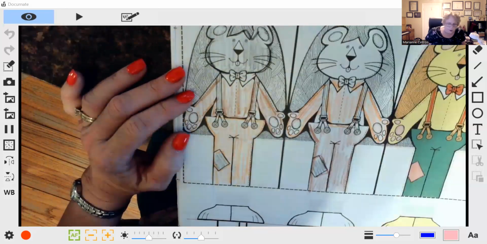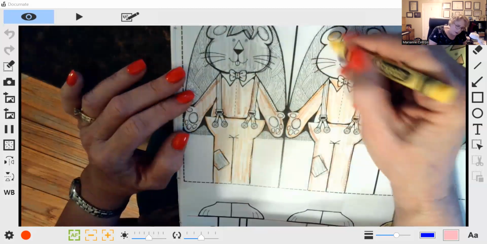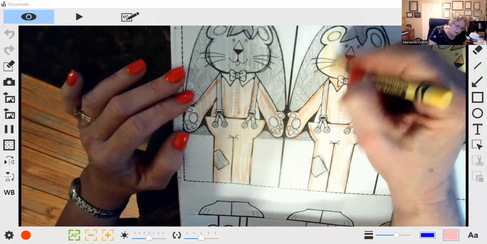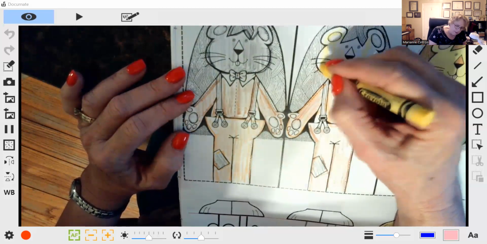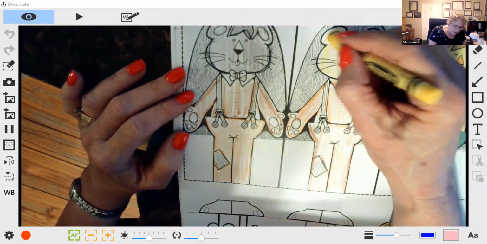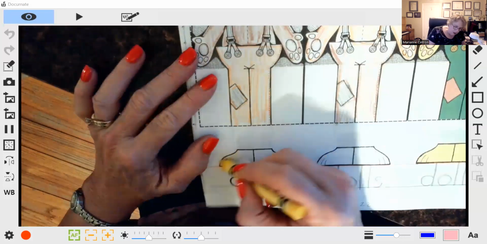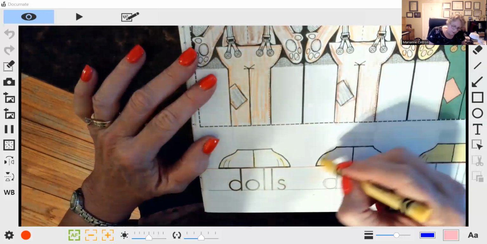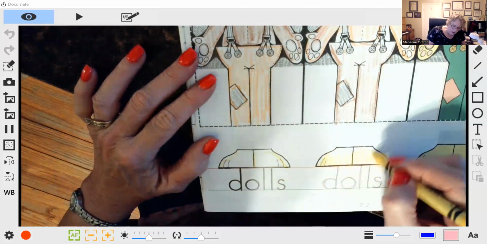I'm going to use yellow here. Outline again. And these are just dolls, paper dolls. I'm going to go ahead and give them all yellow feet. And your child can do any color he wants.